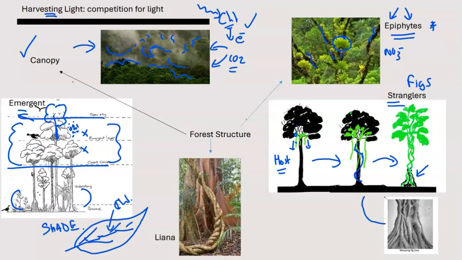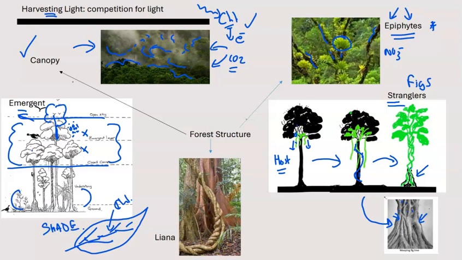And so in the sketch here that we made on one of our field trips, you can see the fig strangling the host tree, which is just barely still visible on the inside.